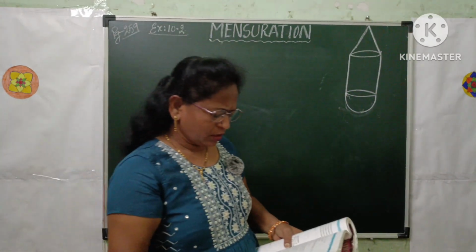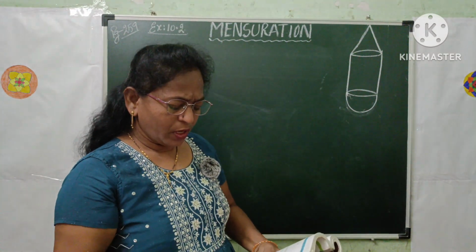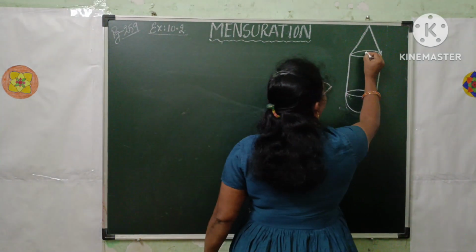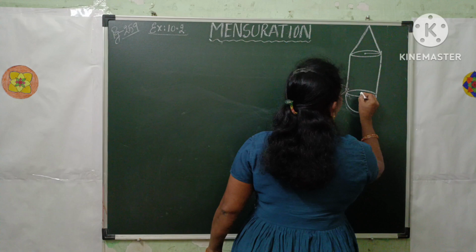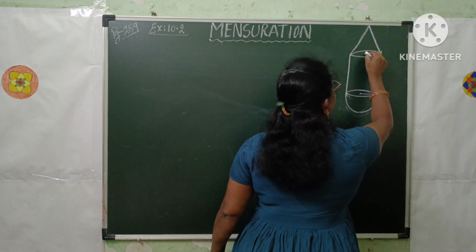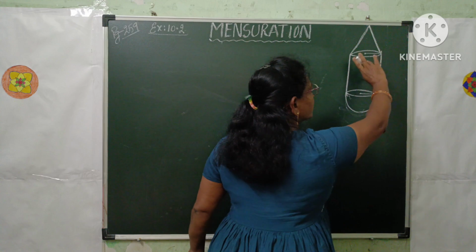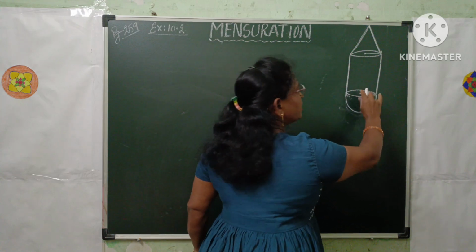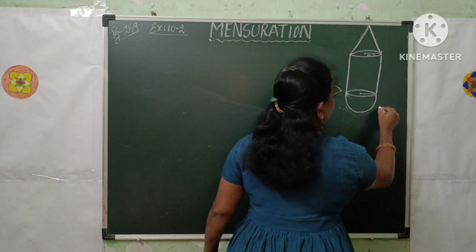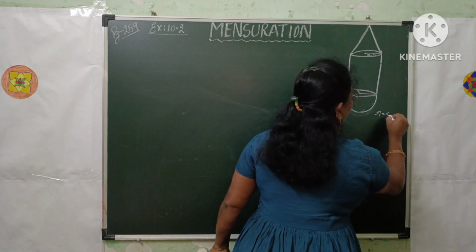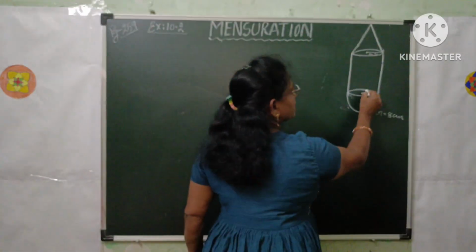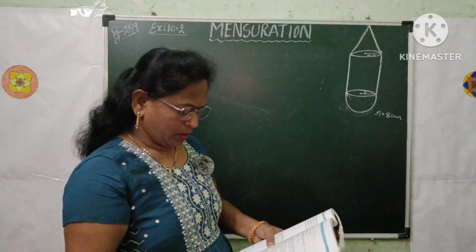Next, what did they say? The ratio of the common base. Here the radius of the cone, radius of the cylinder, and radius of the hemisphere are the same. So r equal to 8 centimeters.